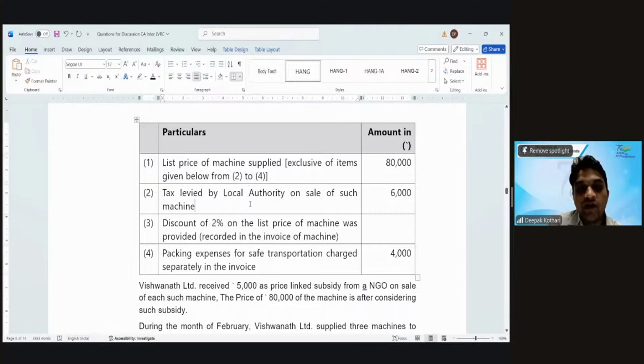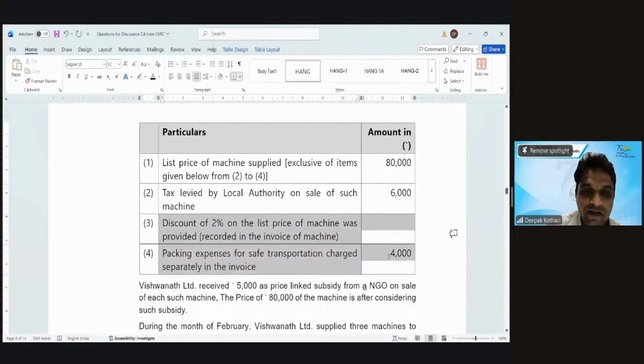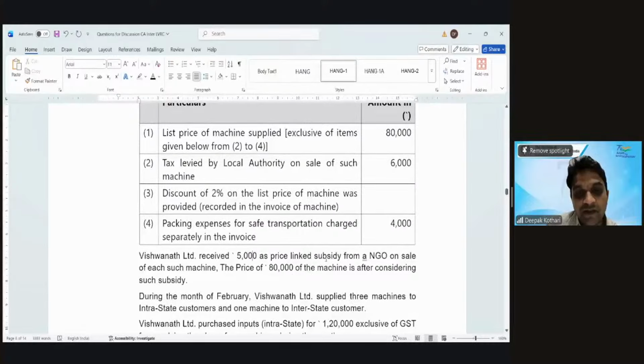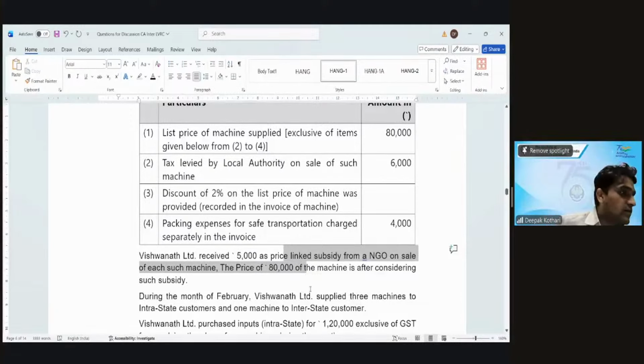Tax levied by local authority on sale of such machine is 6,000 rupees. A discount of 2% on list price was provided, and packing expenses for transportation are charged separately in the invoice, 4,000 rupees. Vishwanath has received 5,000 rupees as price link subsidy from an NGO on sale of each such machine. The price of 80,000 of the machine is after considering such subsidy.